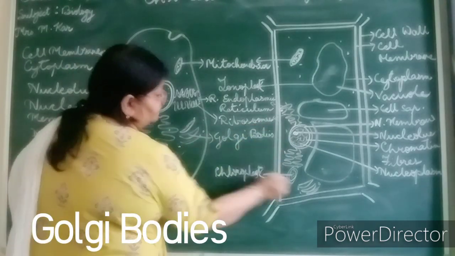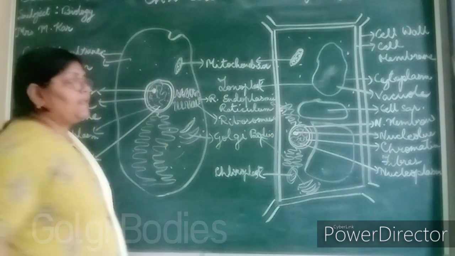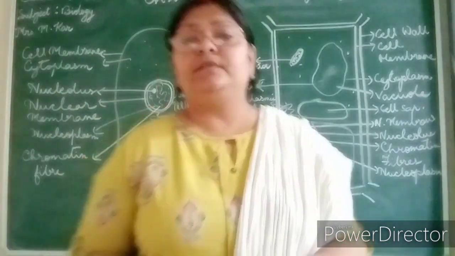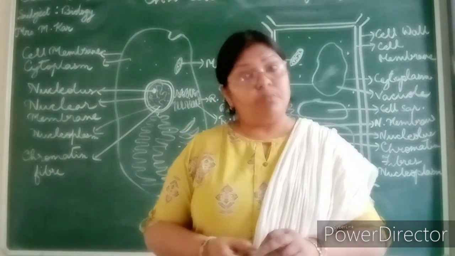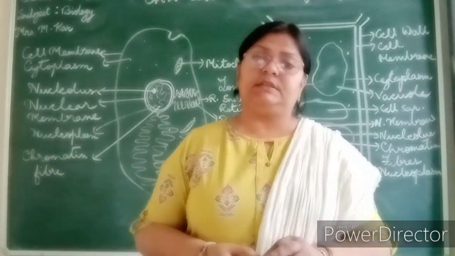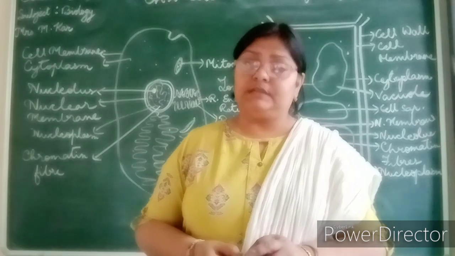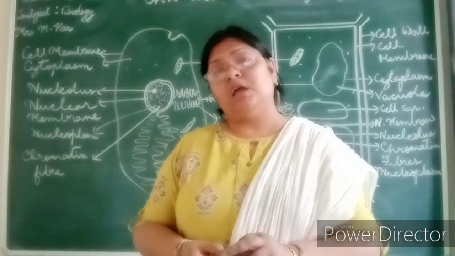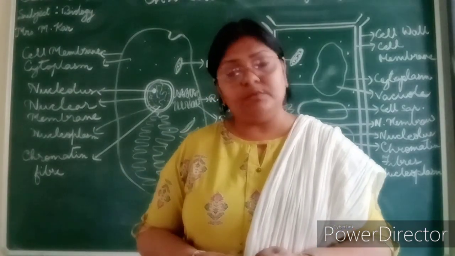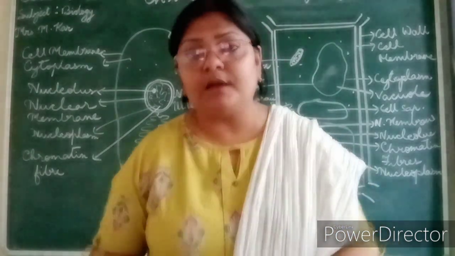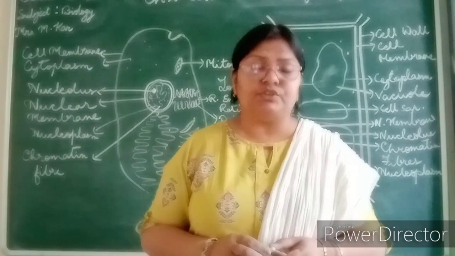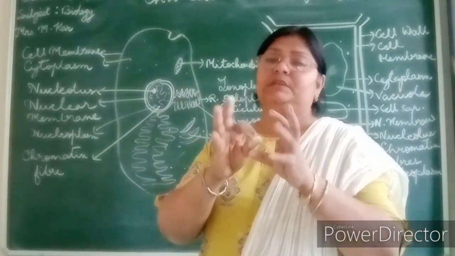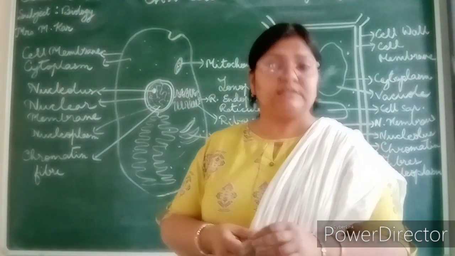Golgi bodies. Another structure which is very important for animal cells is the centrosomes and centrioles. The centrosome and centrioles are present only in animal cells and they start the cell division. The centrosome is around 2 centrioles, just like a star.